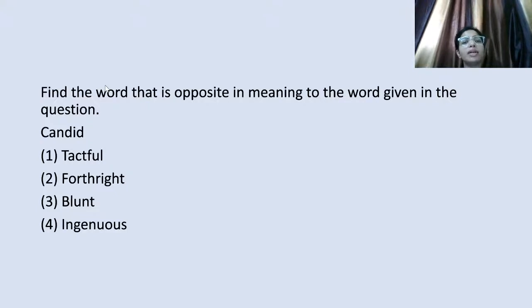Find the word that is opposite in meaning to the word given in the question. Candid. And the options are tactful, forthright, blunt, ingenuous. Your timer starts now, please.